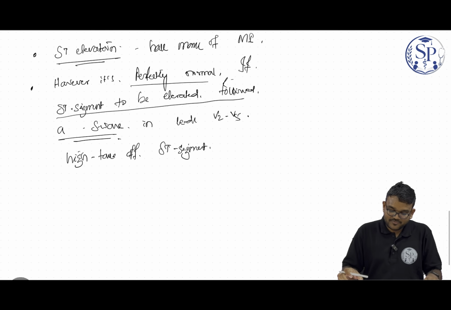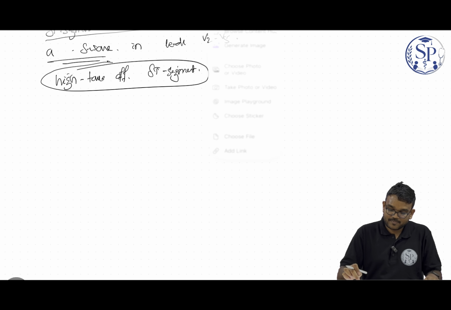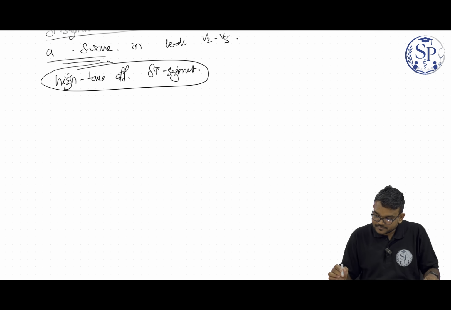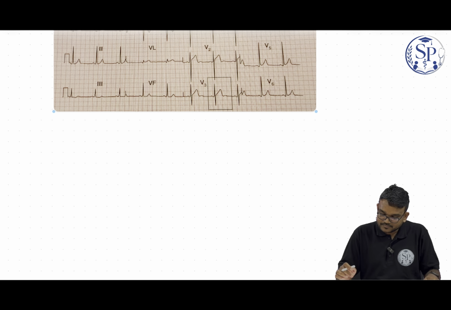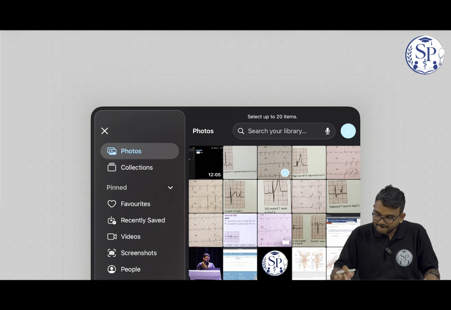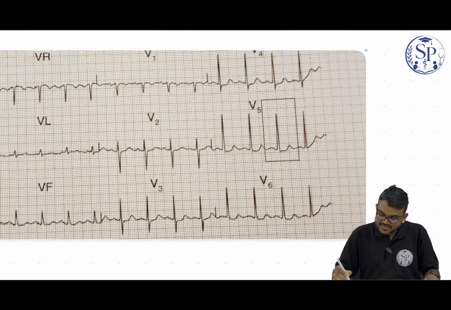Now we will see one image where we can differentiate between ST segment elevation and a high takeoff ST segment. Here you can see ST segment depression.